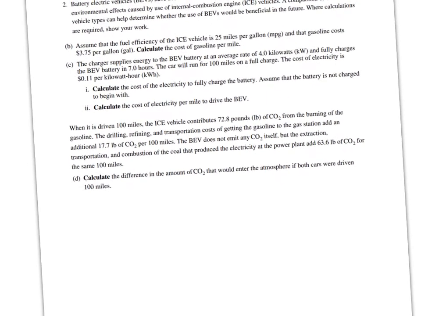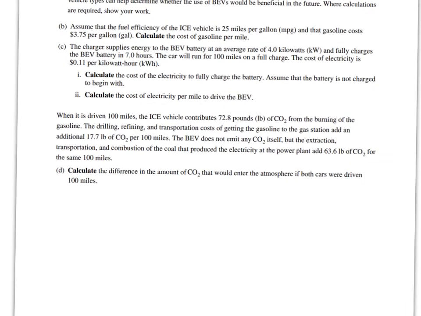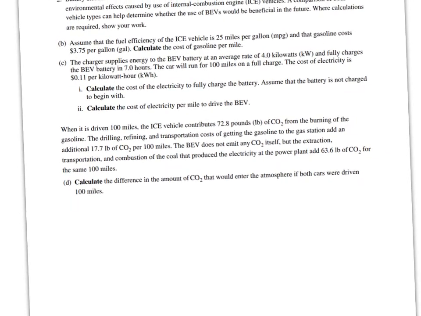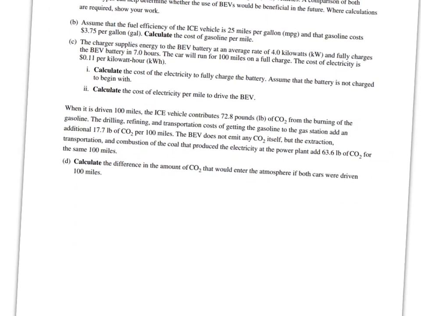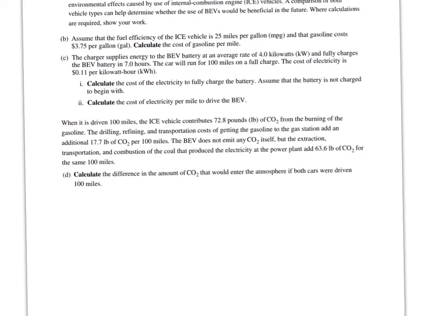Okay, so we know that gas costs $3.75 and this particular car gets 25 miles per gallon. So how am I going to set it up? Am I going to set it up like this?